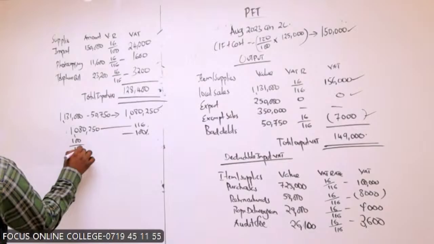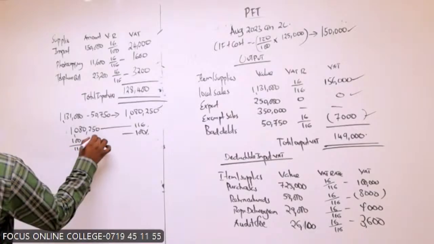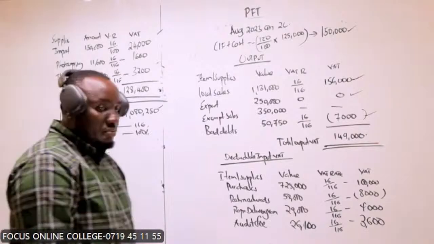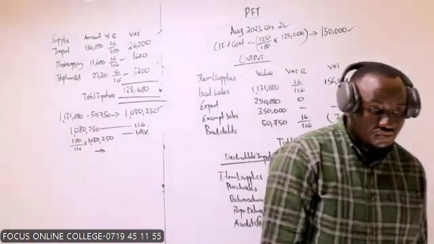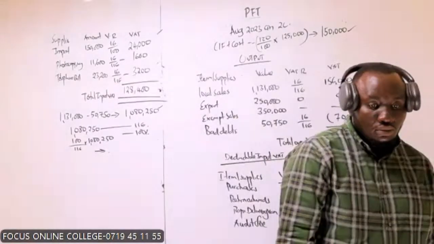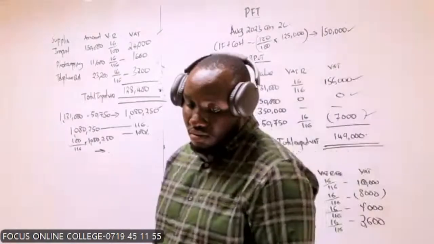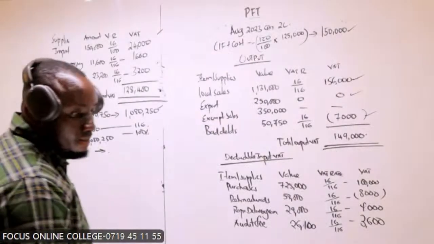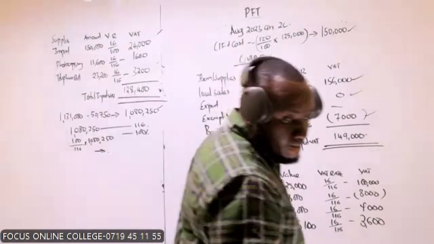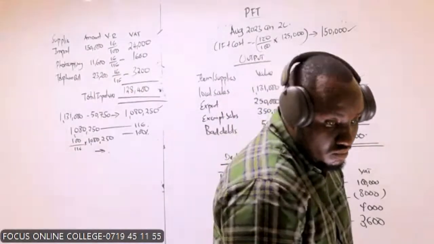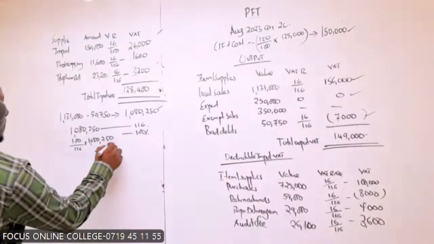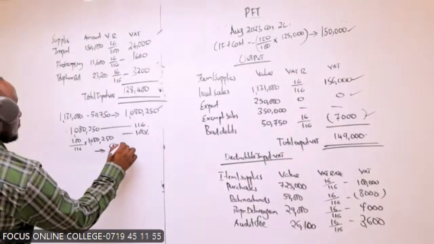That's 1080 to 50. So what should that be? 931 to 50.